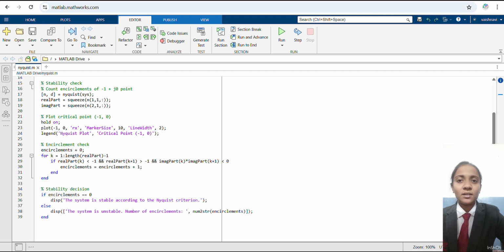Then we have to determine whether it is stable or not. For that, we are using a stability decision. We are using an if condition, encirclement equal to 0. Then we display that the system is stable according to the Nyquist criterion. If not, then use else, display system is unstable.